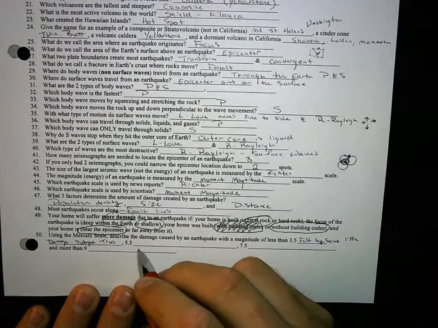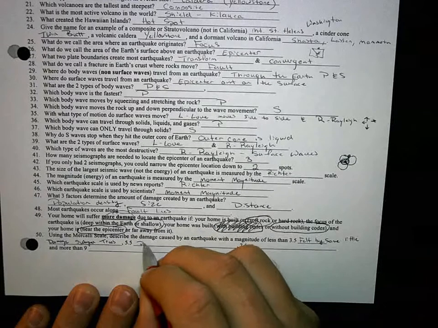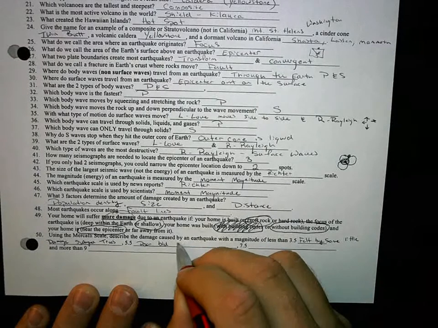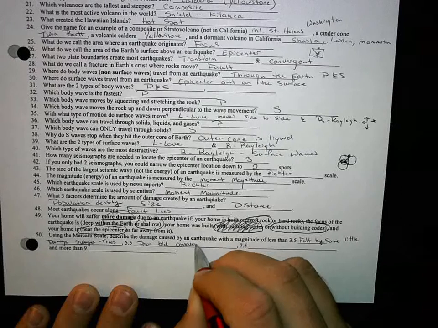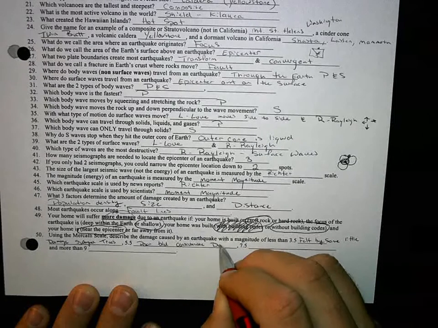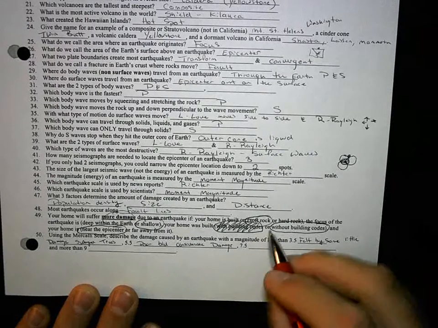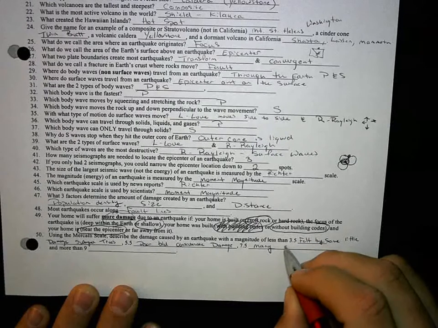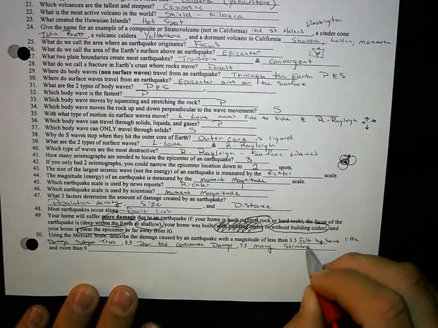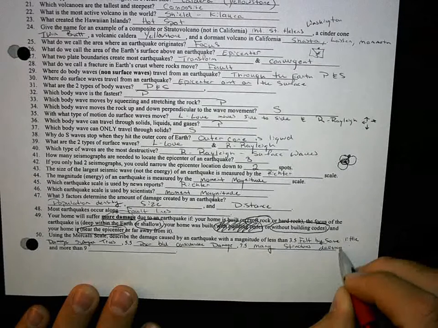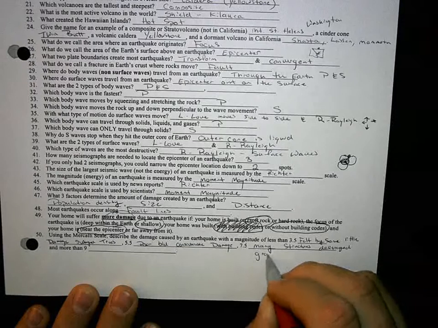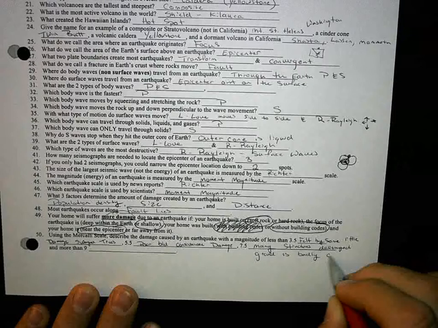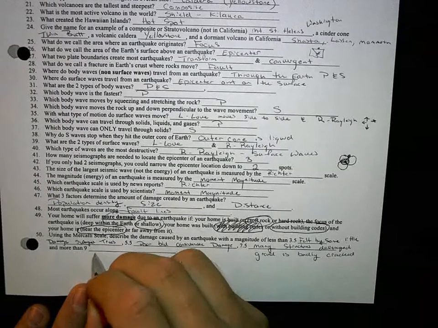Number 5.5, poor buildings collapse, or poor buildings have damage. 7.5, many structures are destroyed. And ground is badly cracked. And more than 9, all structures fall.